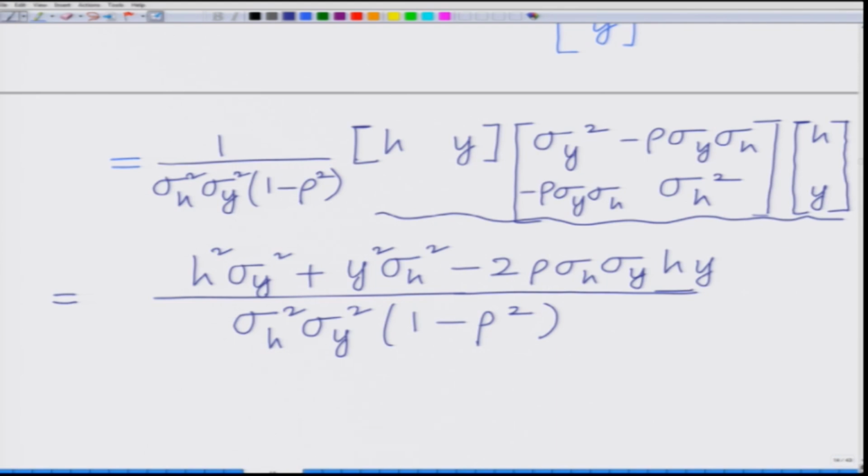That is, I am evaluating this part over here. Okay. So this is basically the term which corresponds to the row vector h y times R inverse times the column vector h y, where R is the covariance matrix corresponding to the vector h y.